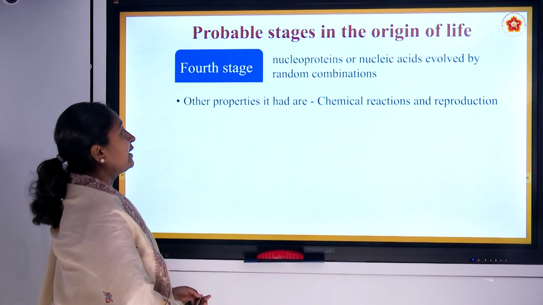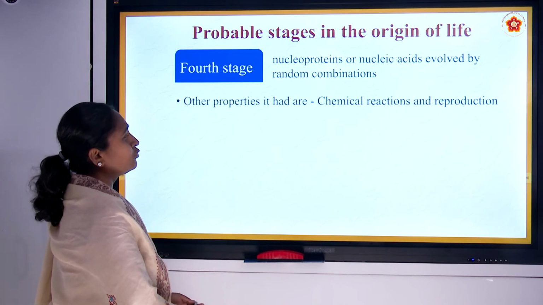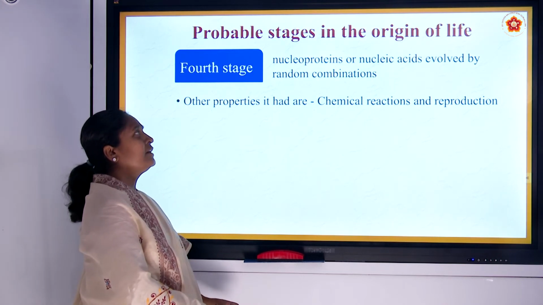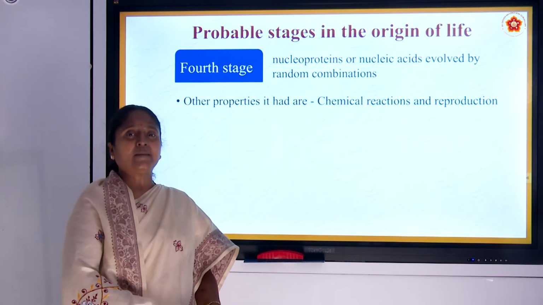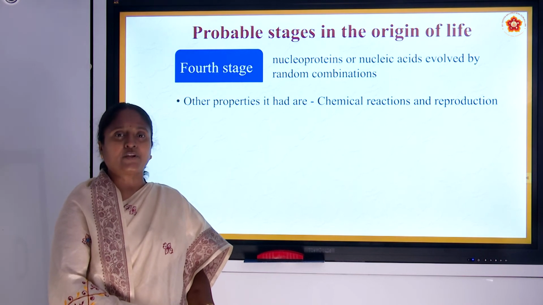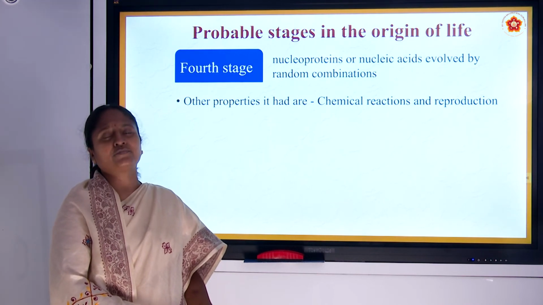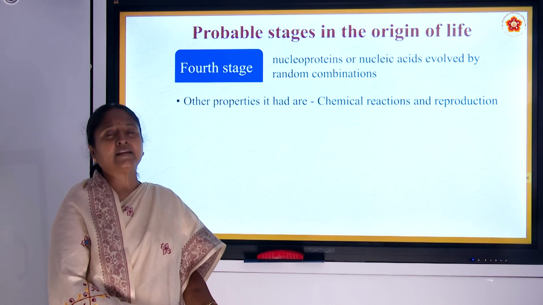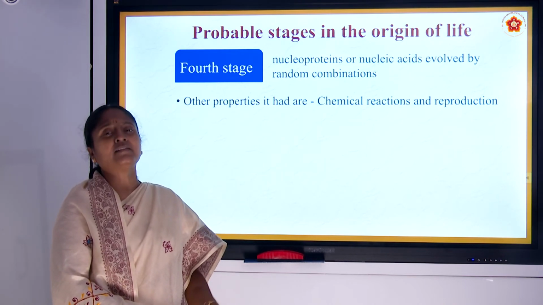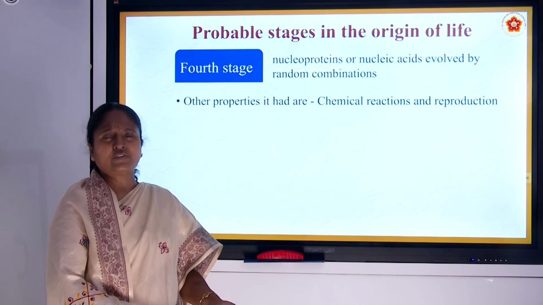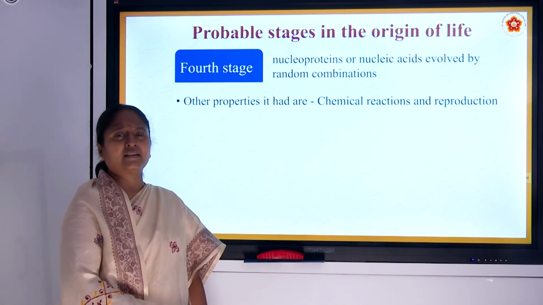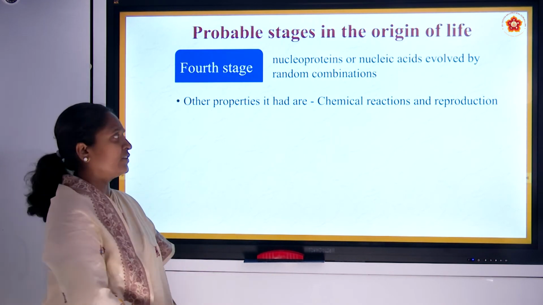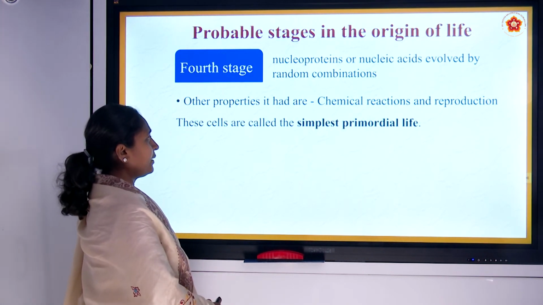Apart from that, it has an ability to do chemical reactions, and these ribozymes, the nucleic acids, had an ability to do reproduction, that is, to create similar kinds of organisms or primitive cells. So these organisms reproduced by binary fission, thereby we could see that these organisms started multiplying, that is, reproduction started happening in that environment.